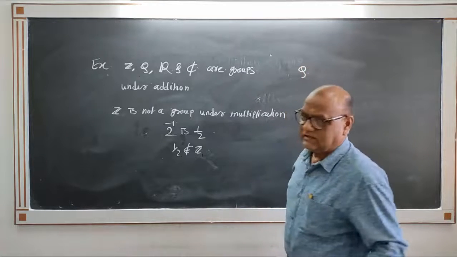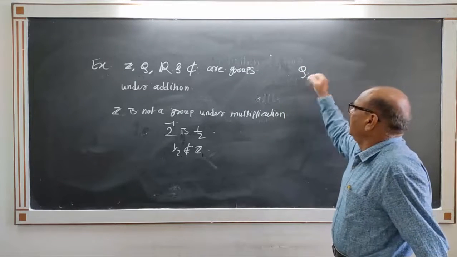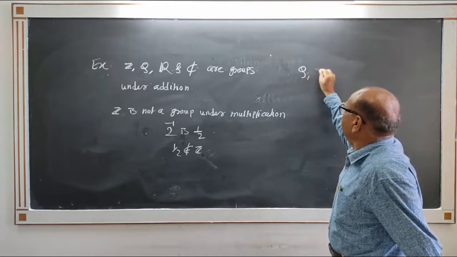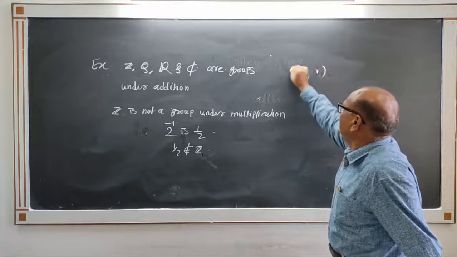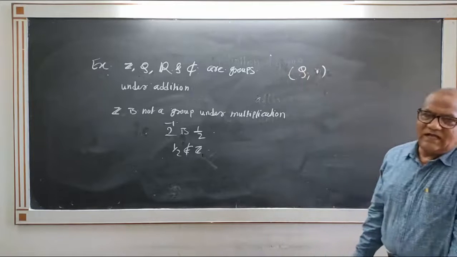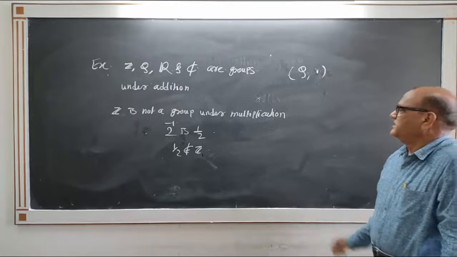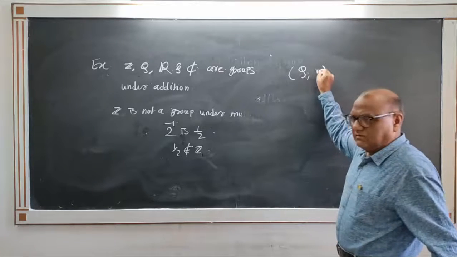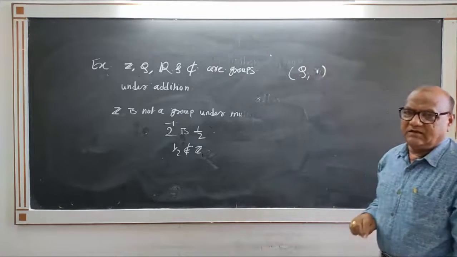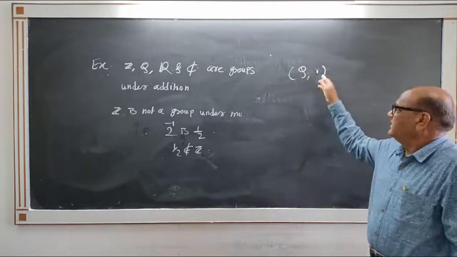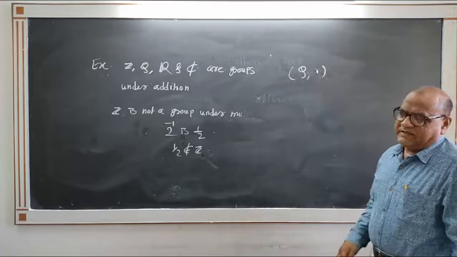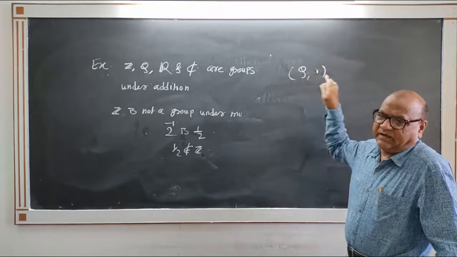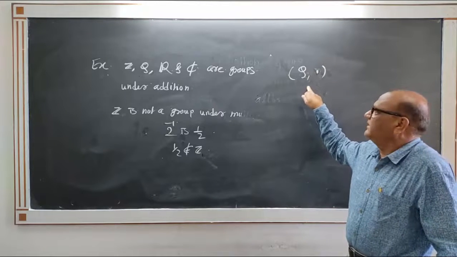Now here Q, set of rational numbers, with multiplication, operation is multiplication. It is denoted by only dot. It is also not a group. Here multiplication is a binary operation in Q. That means multiplication of two rational numbers is again a rational number, associative satisfied. 1 is identity.